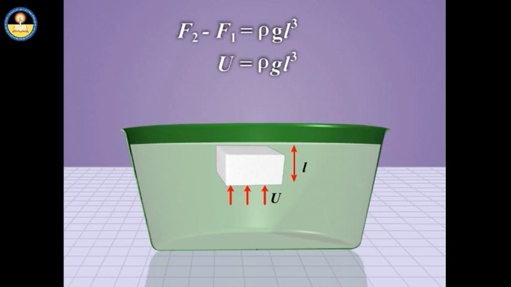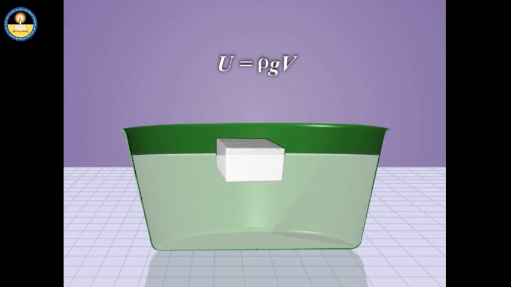In general, if volume V of an object is immersed in a fluid of density ρ, the buoyant force can be expressed as U equal to ρgV. Here, volume V may be the total volume of the object or any fraction of the total volume. This precise value of the buoyant force has some significance because it is the same as the weight of the liquid displaced by the object.